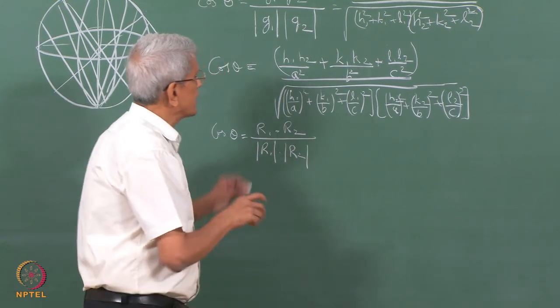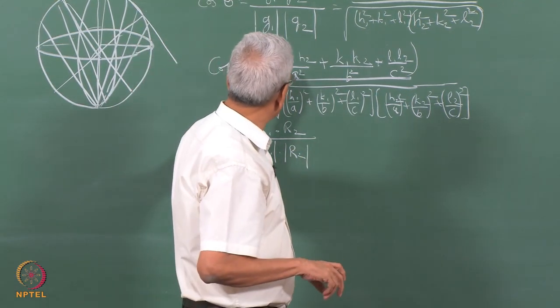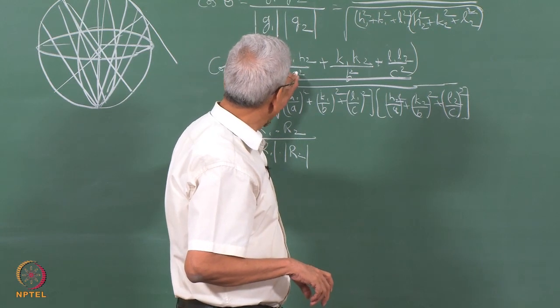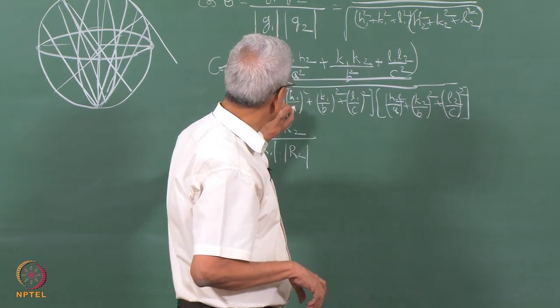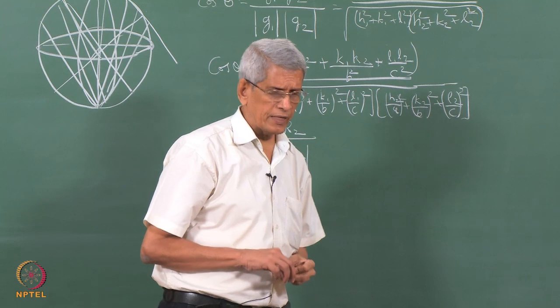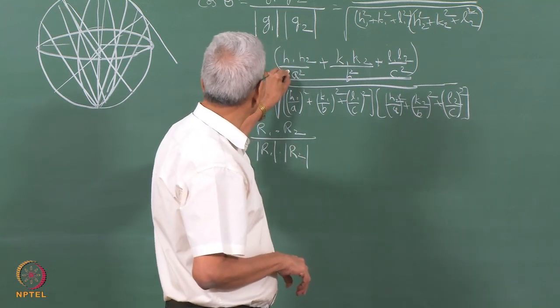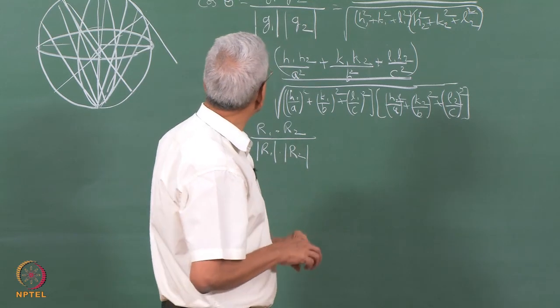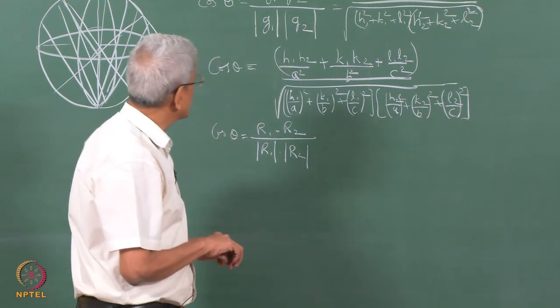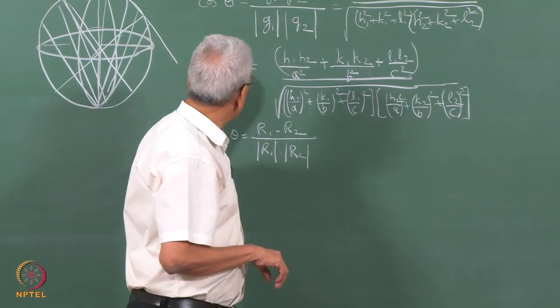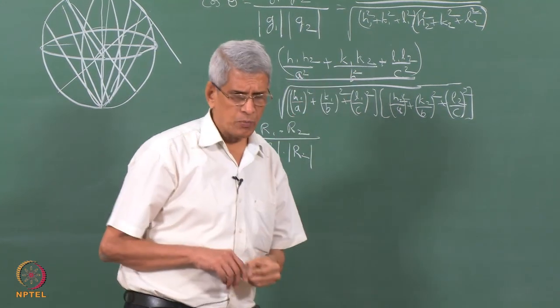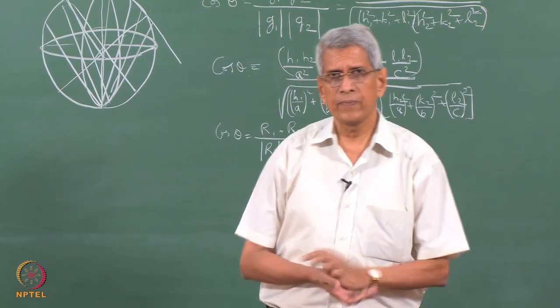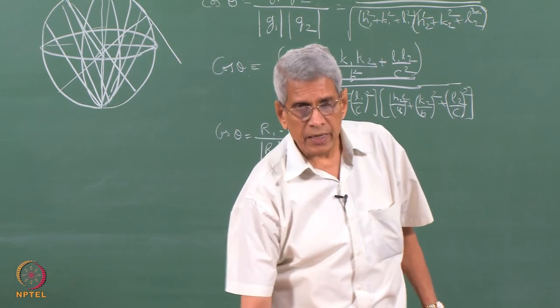In the case of a tetragonal lattice, A will be equal to B, so this formula will change accordingly. But what is essentially important is that in the case of all lattices other than cubic, the angle between the planes depends upon the lattice parameter values. One should keep that in mind.